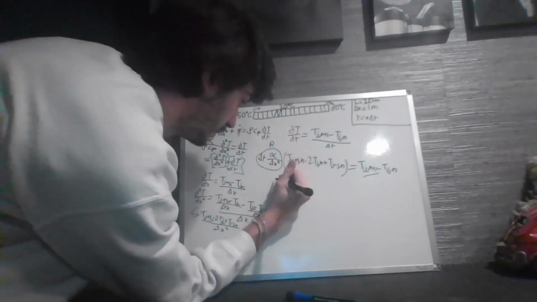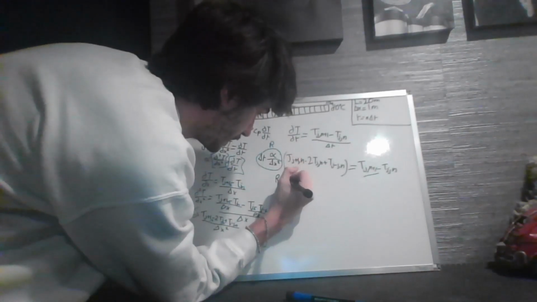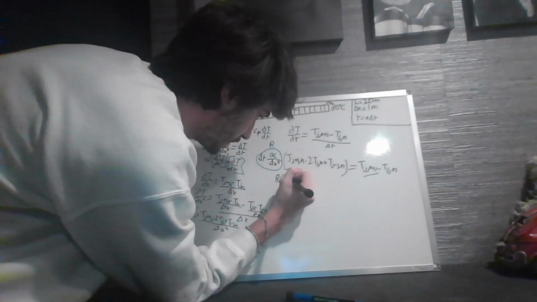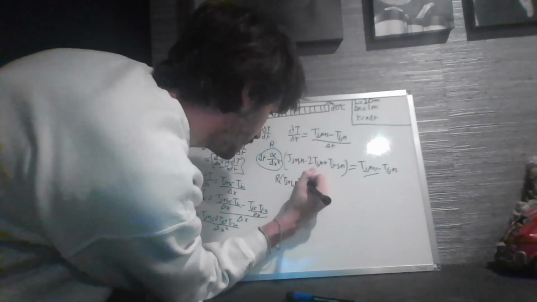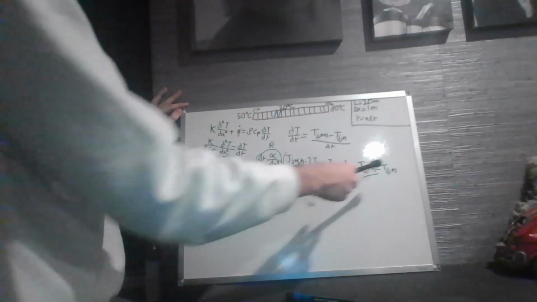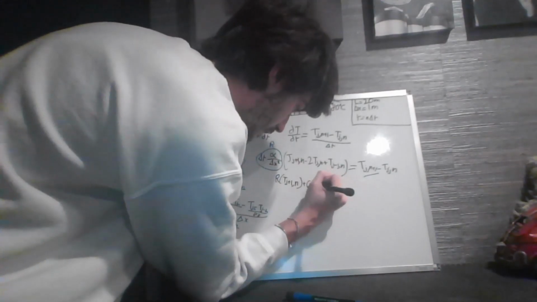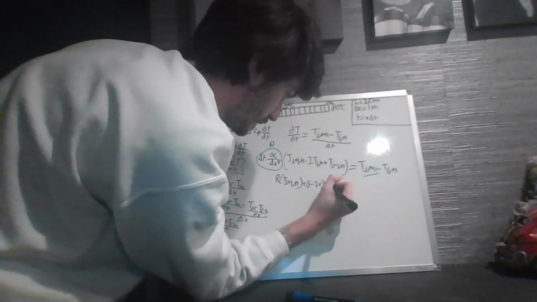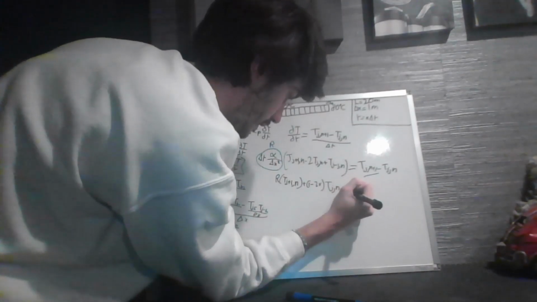So I'm going to go ahead and multiply this out. First term, we're going to have r times T j plus 1 at time interval n. Like I said, we have 1 minus 2r, so plus 1 minus 2r of T j at time n, right?